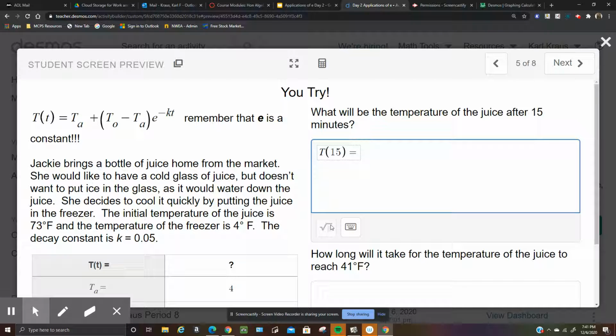Ambient temperature is 4, and then initial temperature 73, e exponent negative 0.05, and then 15.